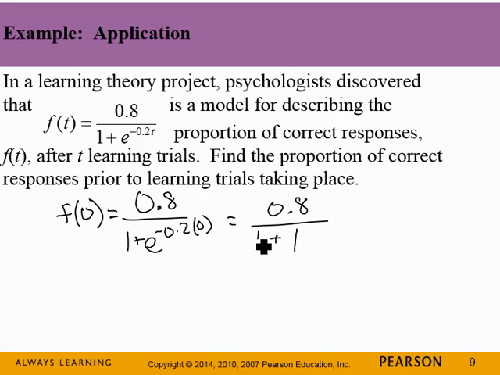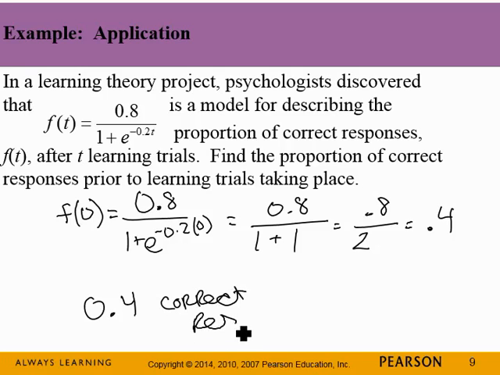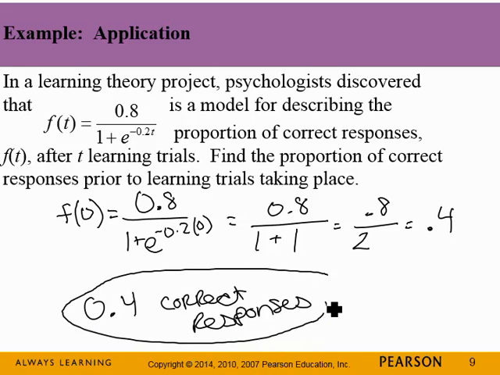So this would be e to the 0, which is 1. So your 0.4. So that's your original.